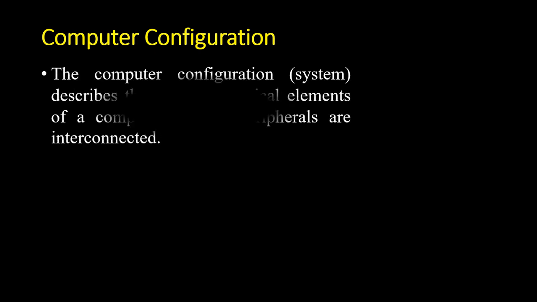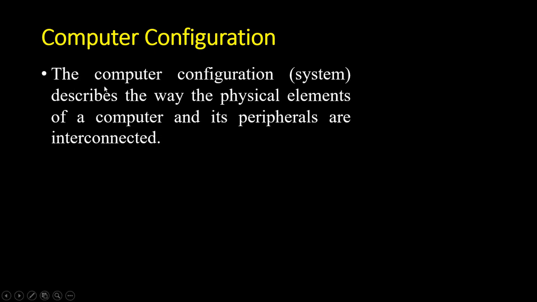Okay, now we say the computer configuration or system. When you say system, it means that it is something that has parts which are working together. So when we talk of computer system or computer configuration, it is because a computer has several parts.